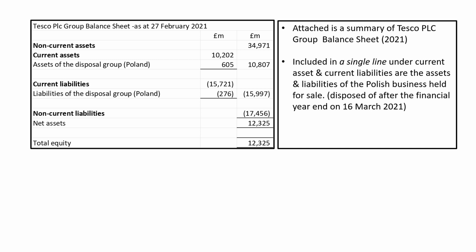If you see there, you see included in a single line under current assets and current liabilities are the assets and liabilities of the Polish business held for sale. As you know, this was disposed of after the financial year end of 16th of March 2021.